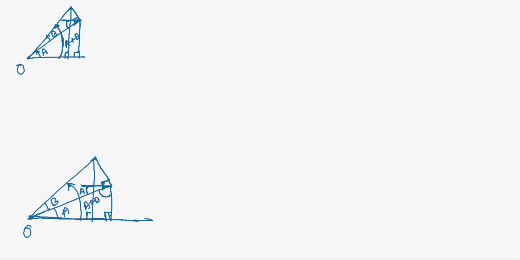What will this angle be then? This is also 90. This is 90, this is 90 minus A, and this is A, because this is also a right angle triangle, right? Yeah.